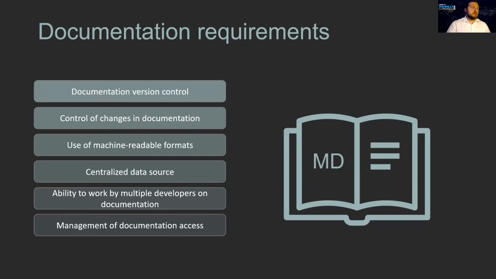Centralized data source: the use of GitLab as VCS and the Markdown format allow us to organize the process in such a way as to have a website with up-to-date documentation. Ability to work with multiple developers on documentation: the current process allows multiple development teams to work on documentation. Management of documentation access.